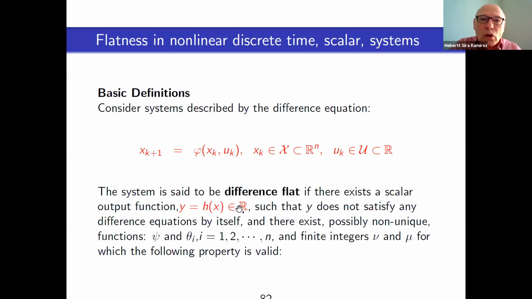That's called an autonomous part of the system, and that corresponds to the uncontrollable part of the system. So y does not satisfy equations by itself. That's an algebraic statement. It might be very difficult.